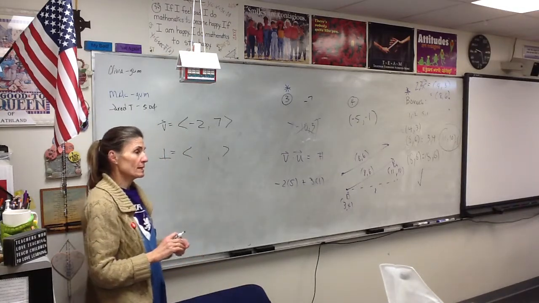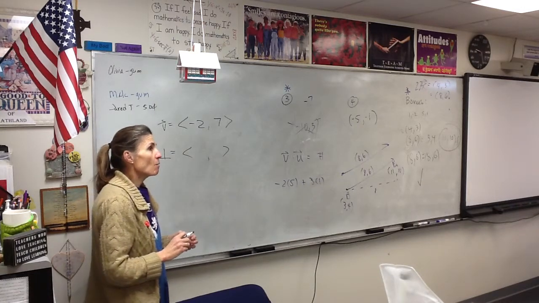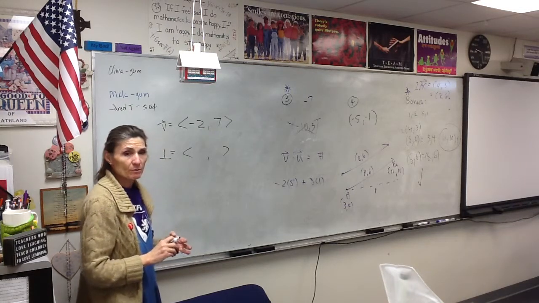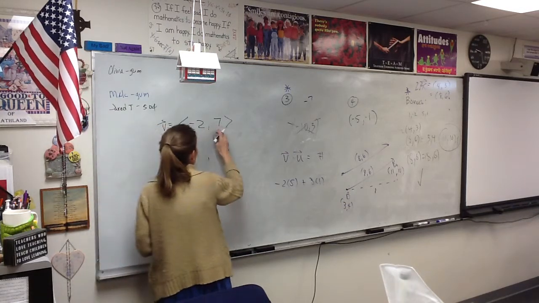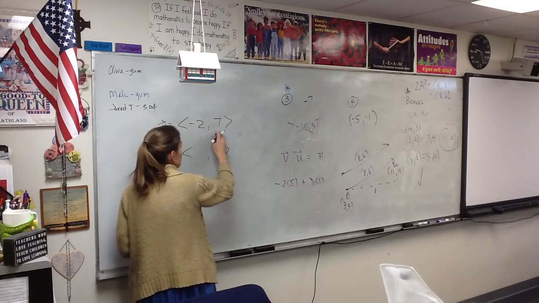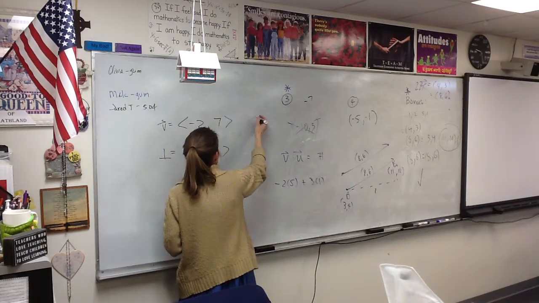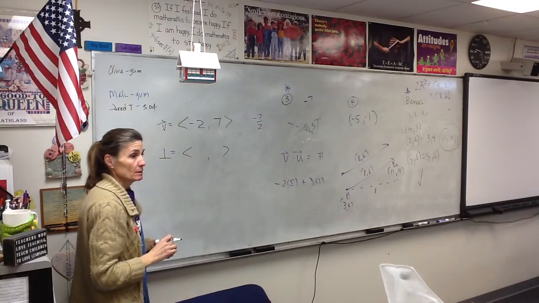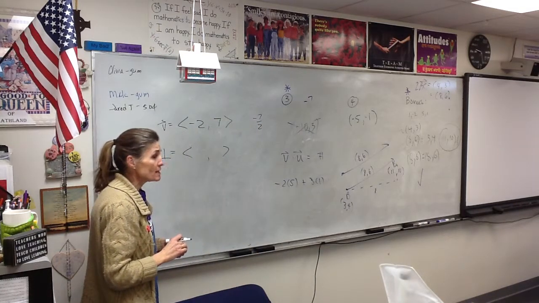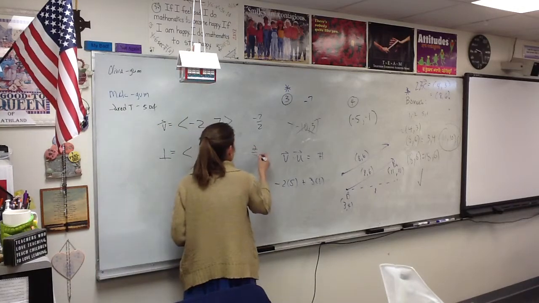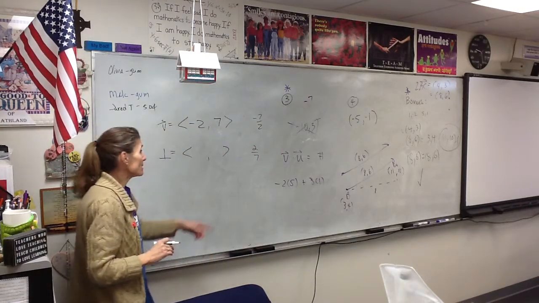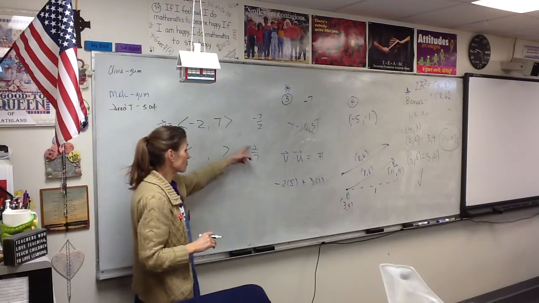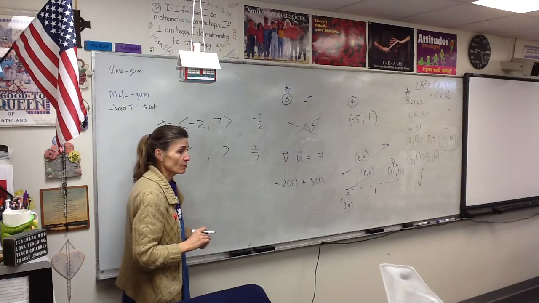It means perpendicular. And that would mean the slope has to be the opposite reciprocal. All right, so what's the slope of this one? It goes left 2, up 7, so what would its slope be? Negative 7/2, right? So the slope you need is 2 over 7, right? That means you're going up 2 and right 7. So you need a vector that goes up 2 and right 7.